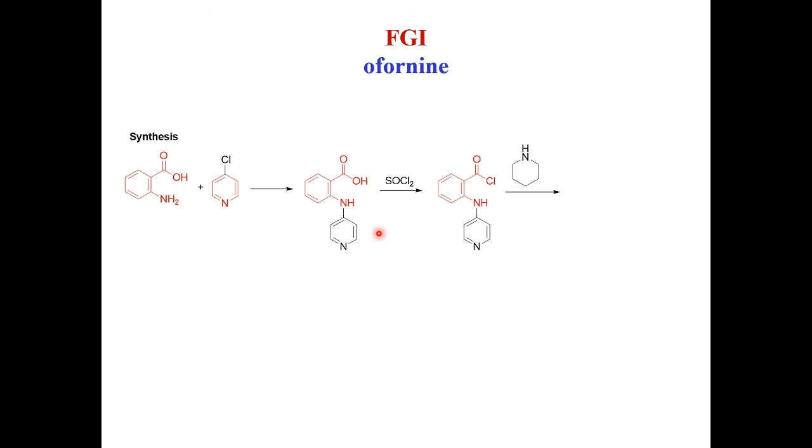Then we can treat it with thionyl chloride to give the acid chloride. It is the standard way of making an acid chloride from its corresponding acid. And finally, the treatment of this acid chloride with the secondary amine would give our target molecule. This is all about the synthesis.